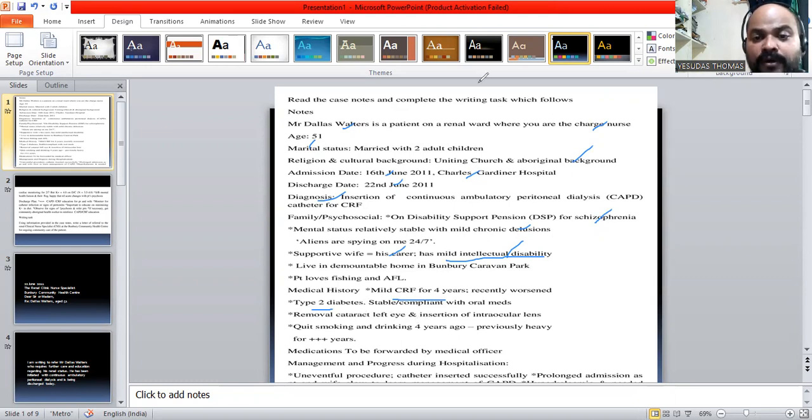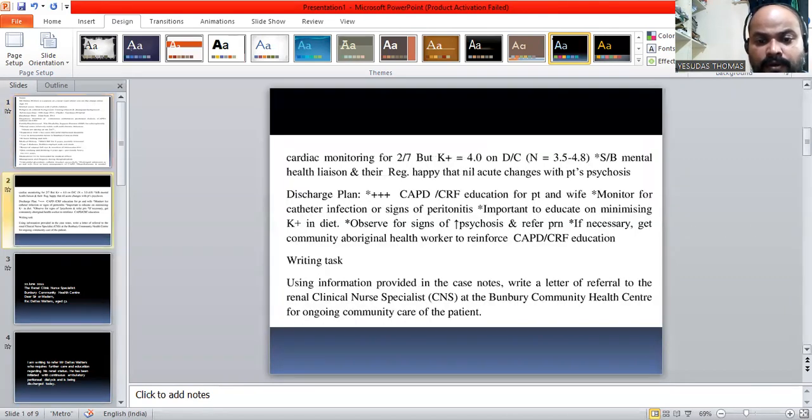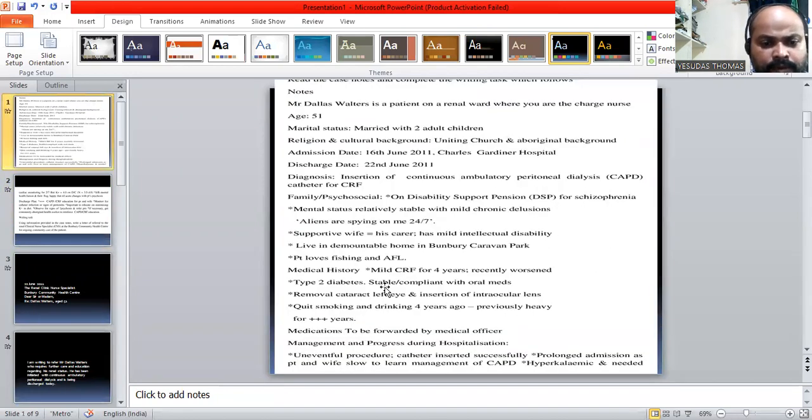Now we move further. We can see that the procedure was uneventful. The diagnosis was catheter insertion.